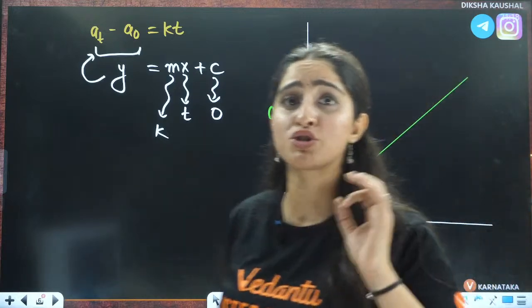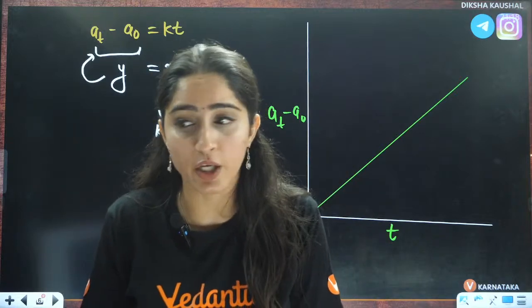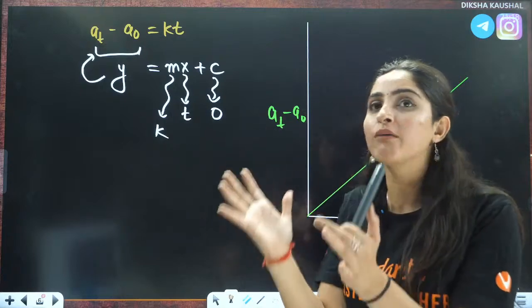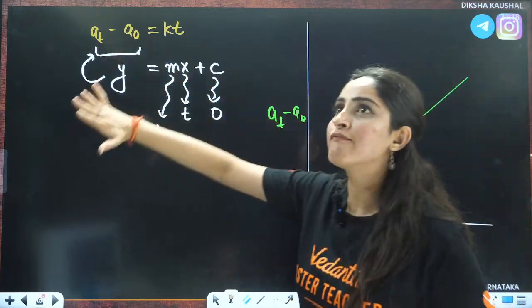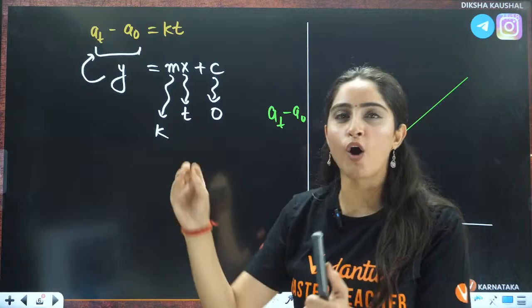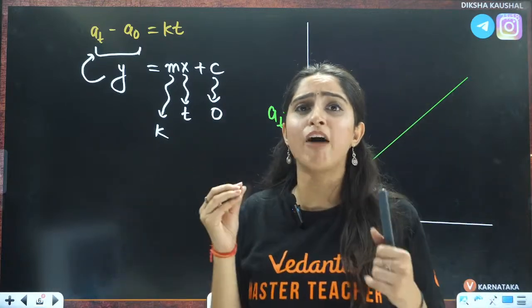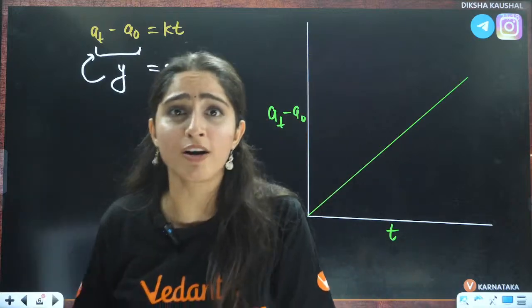So you just need to check what exactly they are asking you. You don't need to cram this, that the graph between t and A naught was this, the graph between t and A_t was this, the graph between t and A_t minus A naught is this.